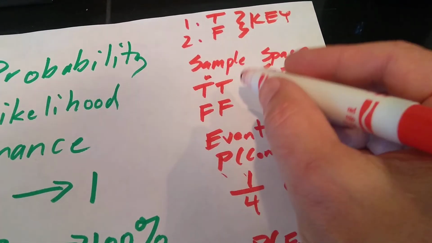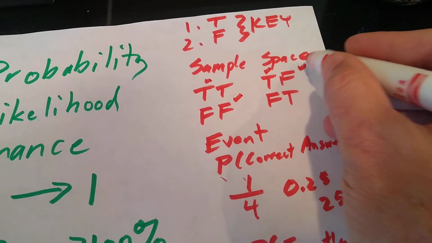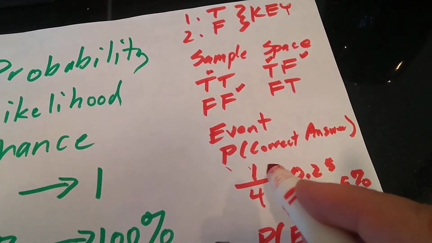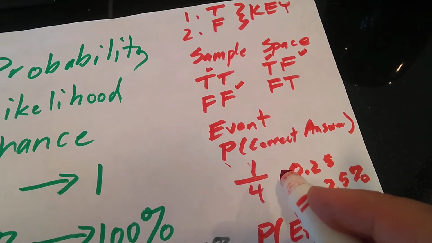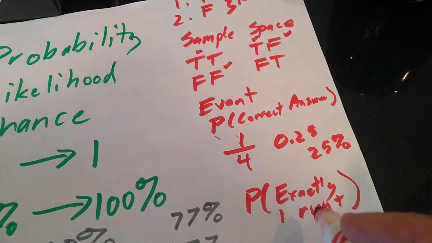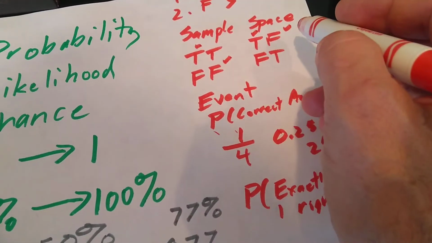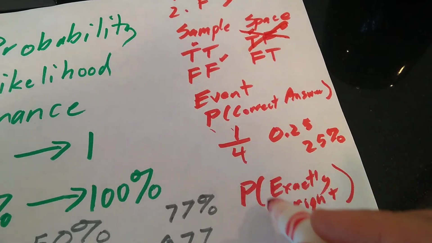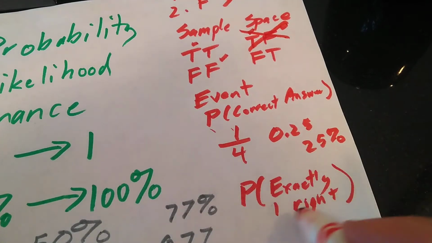Second one's false, which is there and there. Now, this is 3 out of 4 if you're not paying attention. It's a 3 out of 4 chance of getting at least one right. But the question was exactly one right. So this one with the key on it, which is this one right here, doesn't count because it doesn't match up with my success status for this thing.